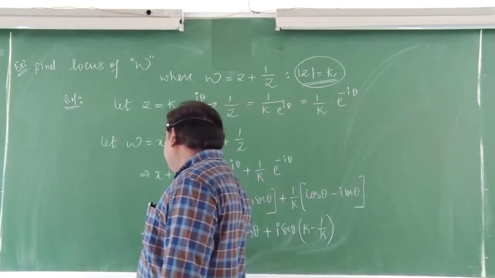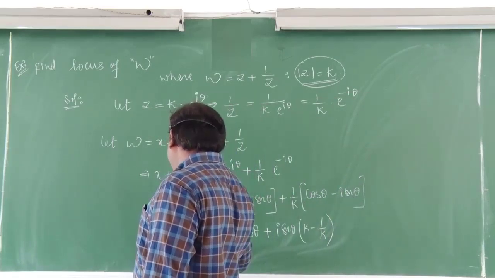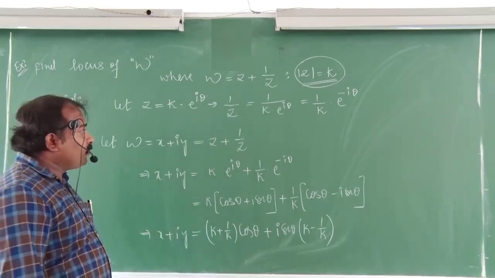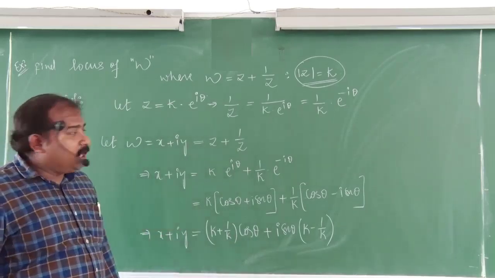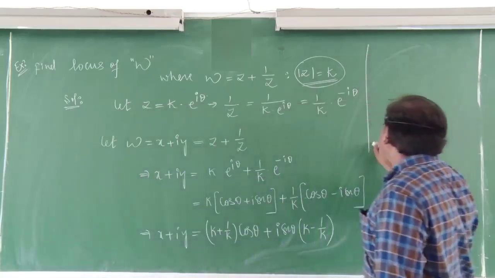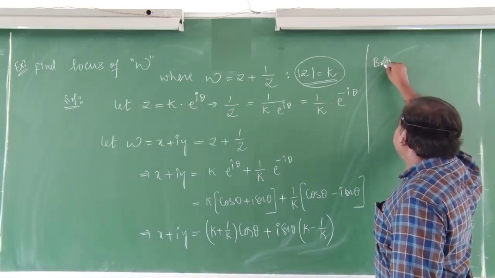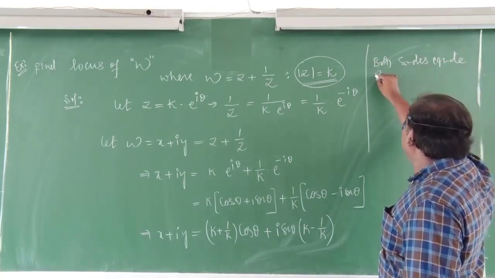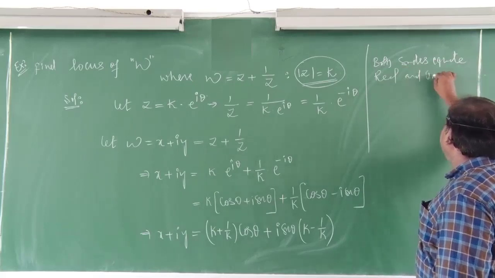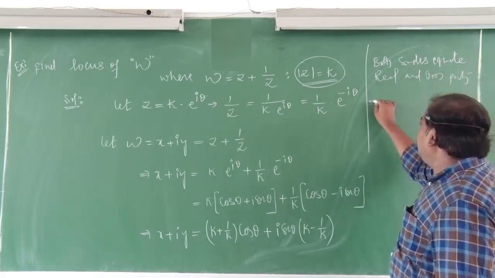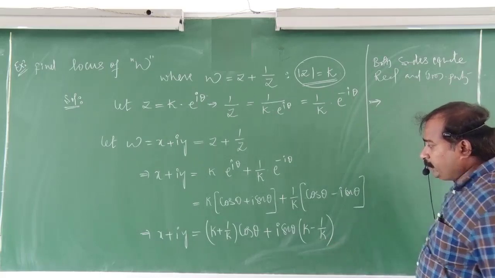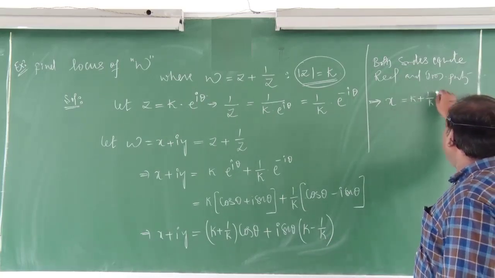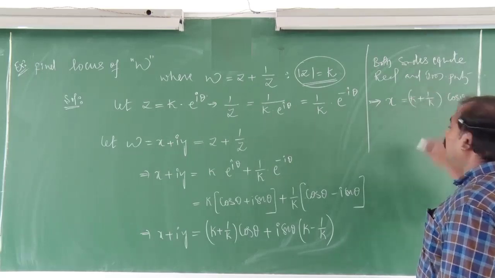So x plus iy is equal to this value. Now, equating the real and imaginary parts of both sides, tell me what is the real part? The real part will be x is equal to (k plus 1 by k) into cos theta.